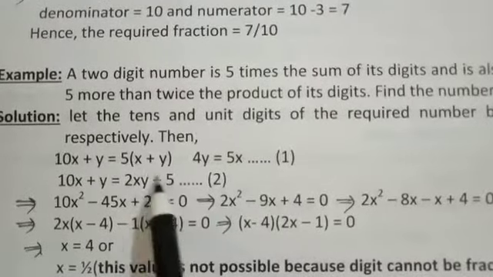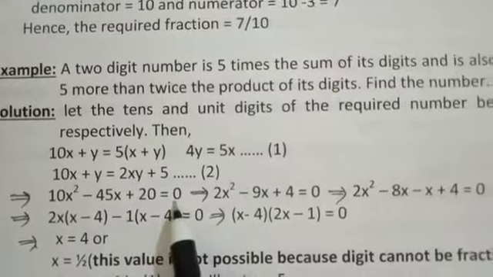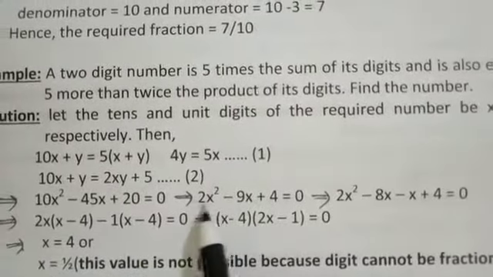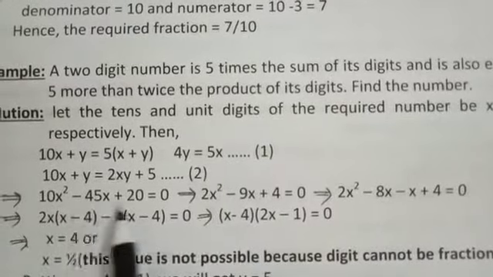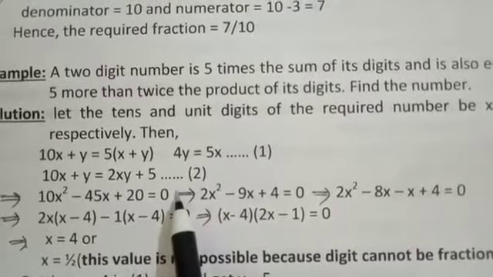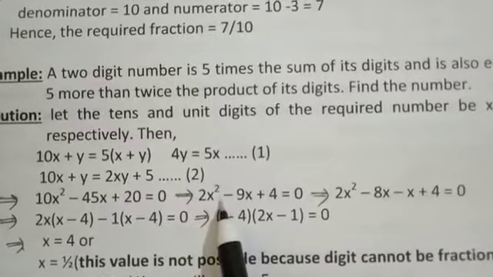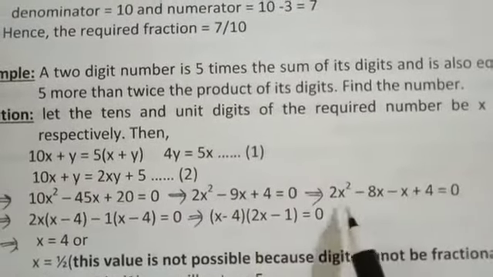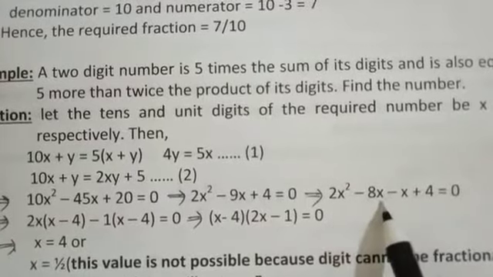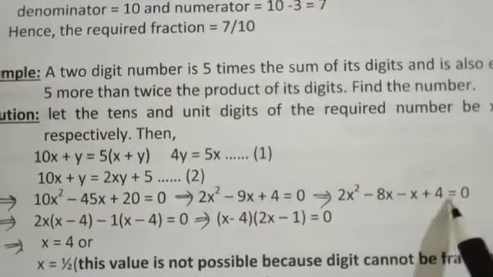That means we have written the equation in standard form. Then we go for splitting the middle term, but before that I have taken 5 common from all the 3 terms. That gives me 2x square minus 9x plus 4, which on splitting gives 2x square minus 8x minus x plus 4 equal to 0.